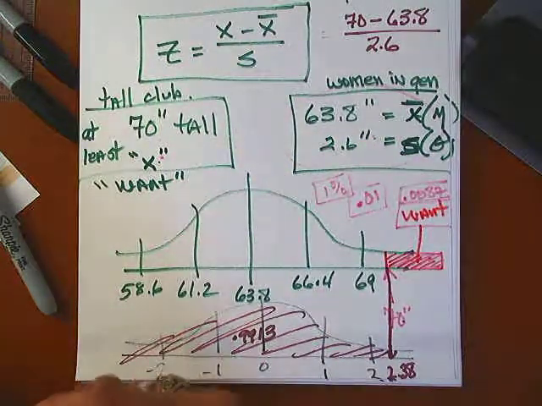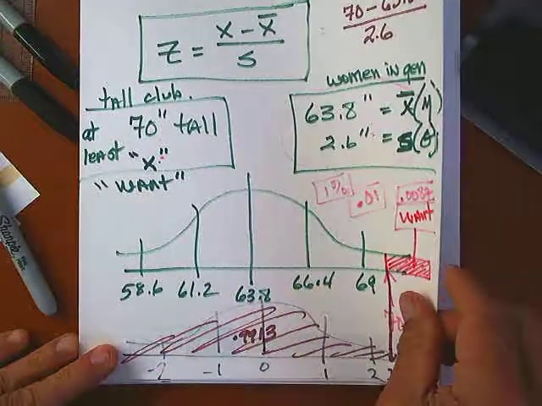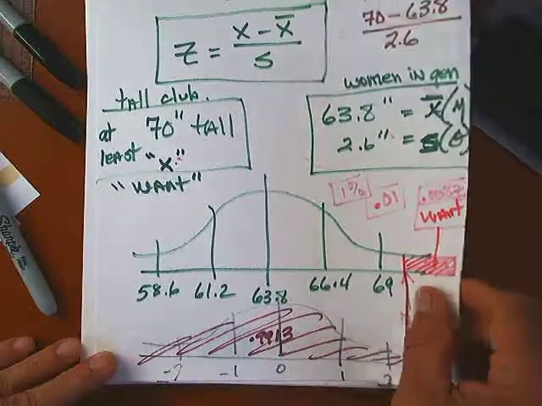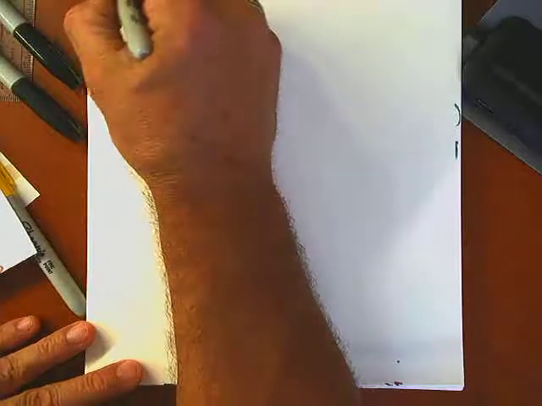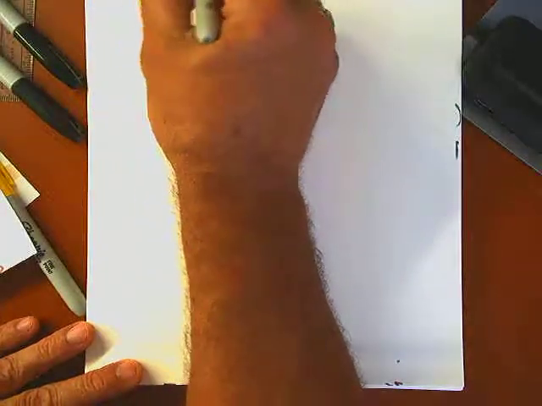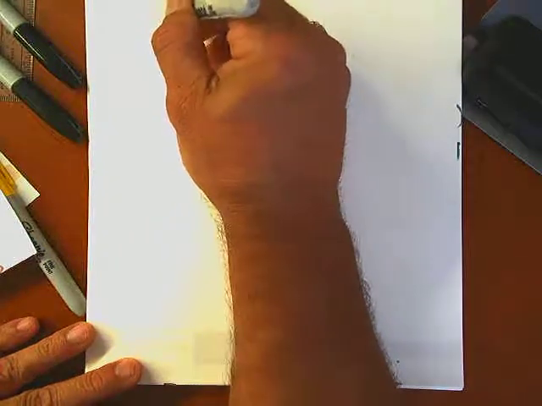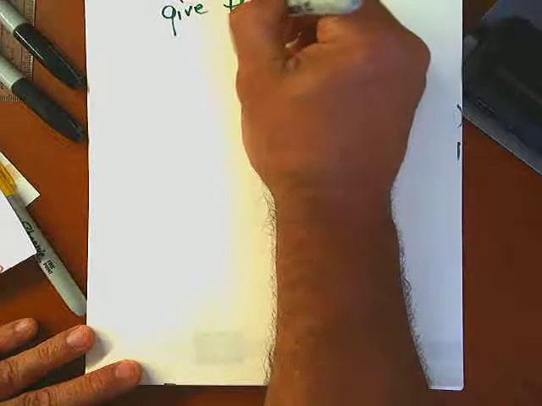So for every 10 women that you have, 1 is going to be able to go into the tall women's club. And that is the difference. The difference here is you have to convert to a z-score given this information.